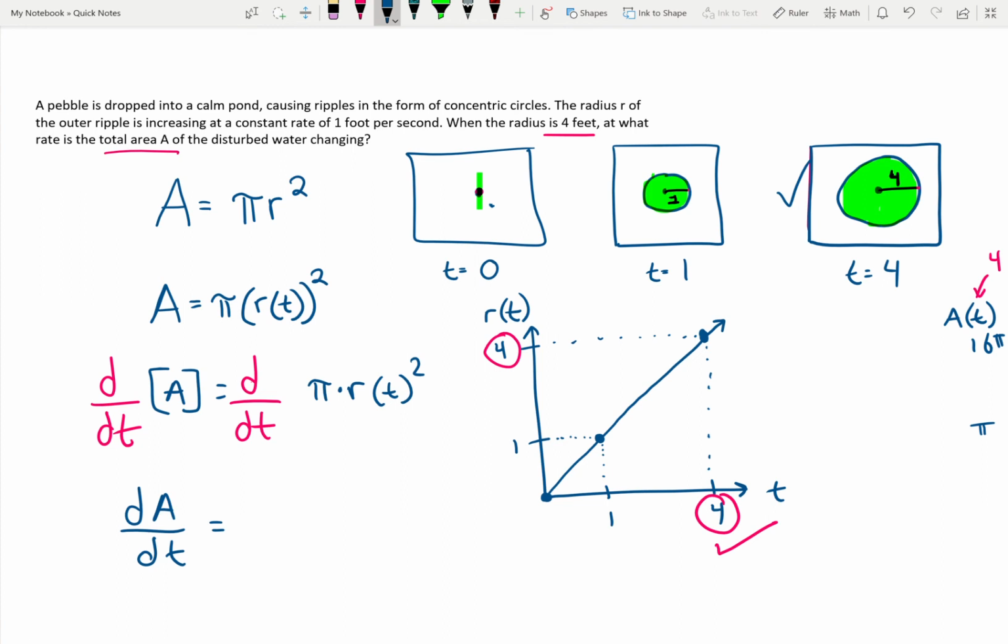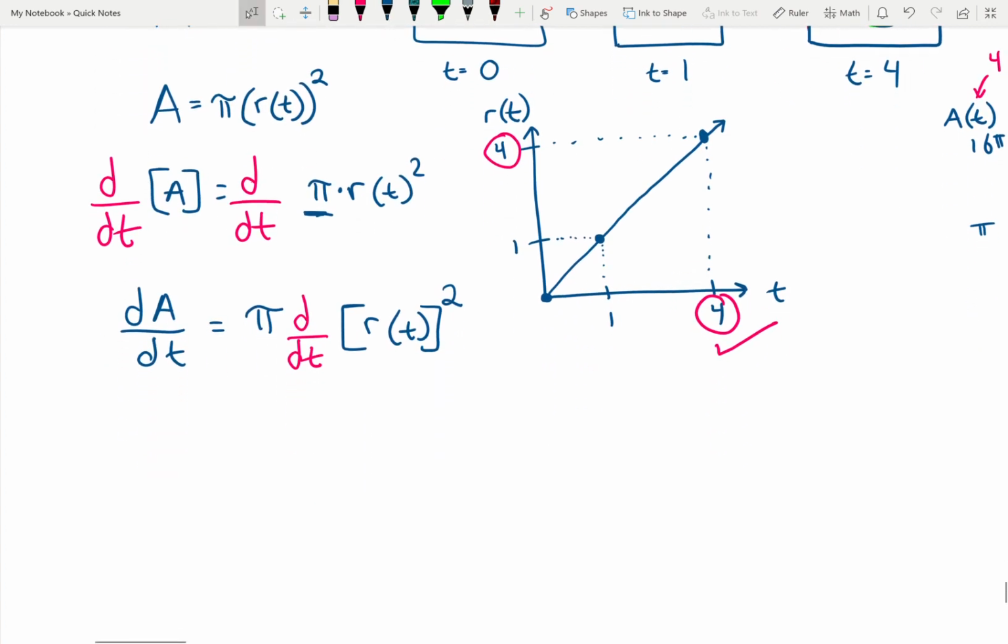And see, if you have a constant here, you can pull it out in front. If you're multiplying by a constant, you can pull it out in front of the d/dt of r(t) squared. And anytime you do these problems, you're going to have to use implicit differentiation. So don't forget the rule for implicit differentiation.